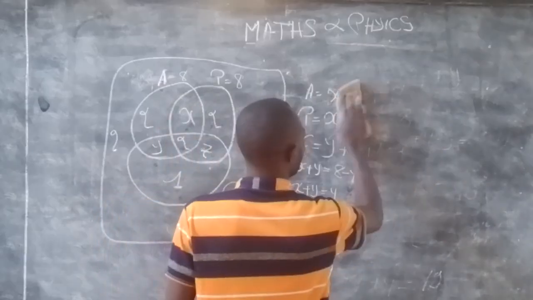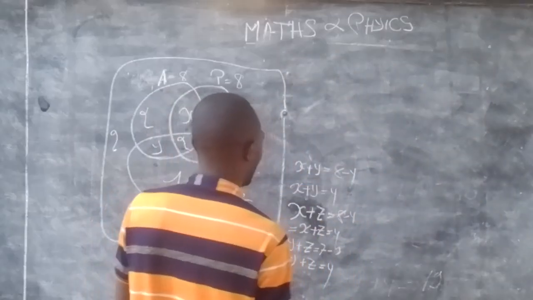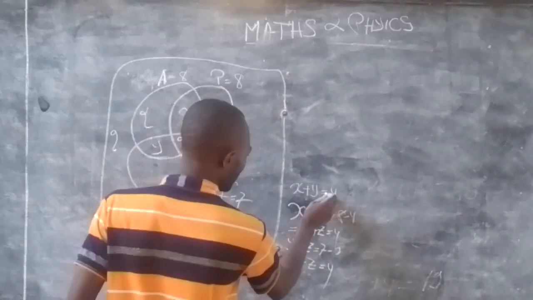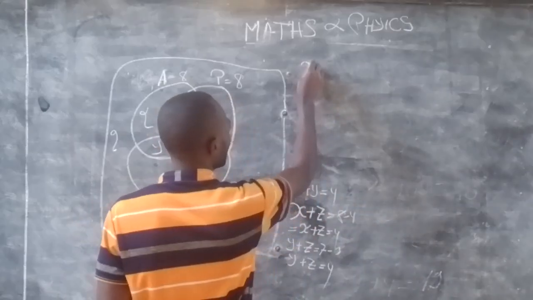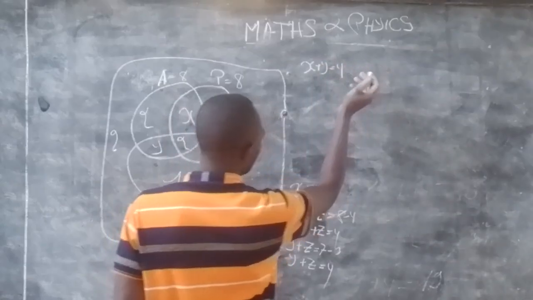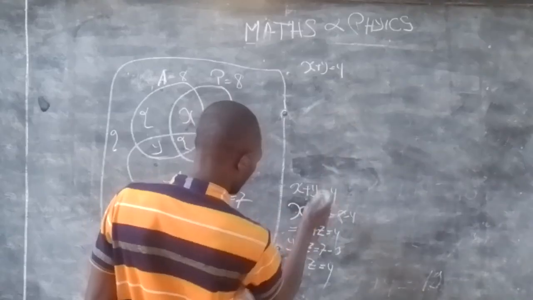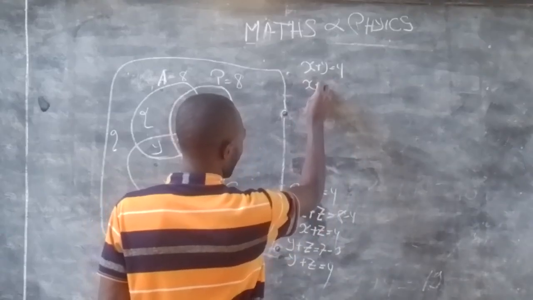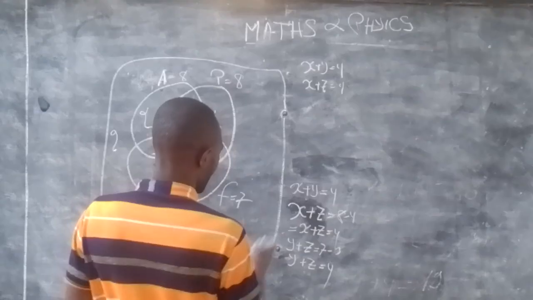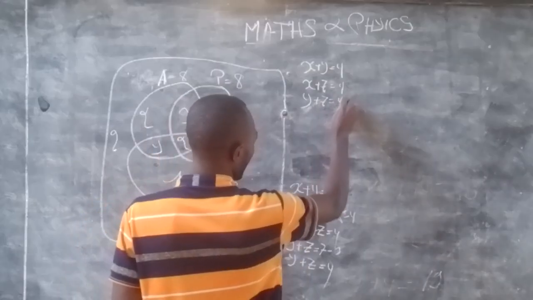So let's find our unknowns. Here we have x plus y equal to 4, and also x plus z equal to 4, and y plus z equal to 4 again.